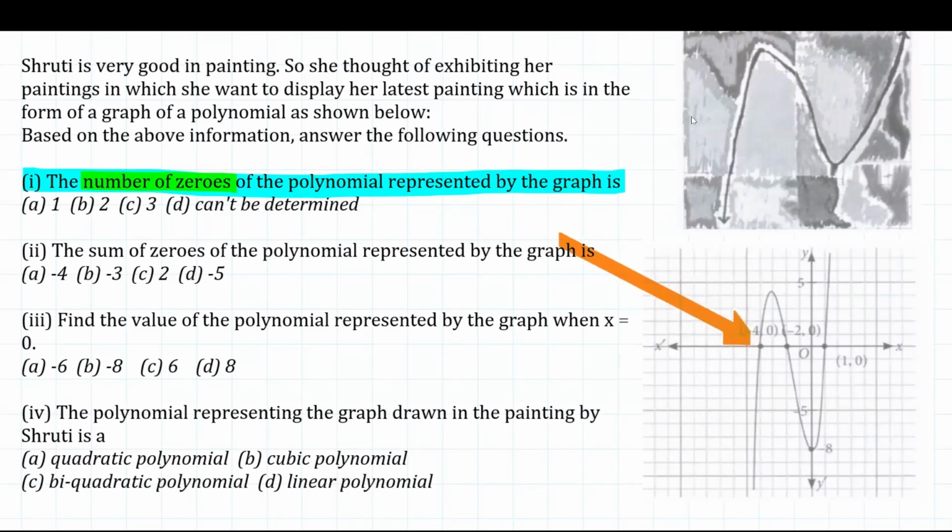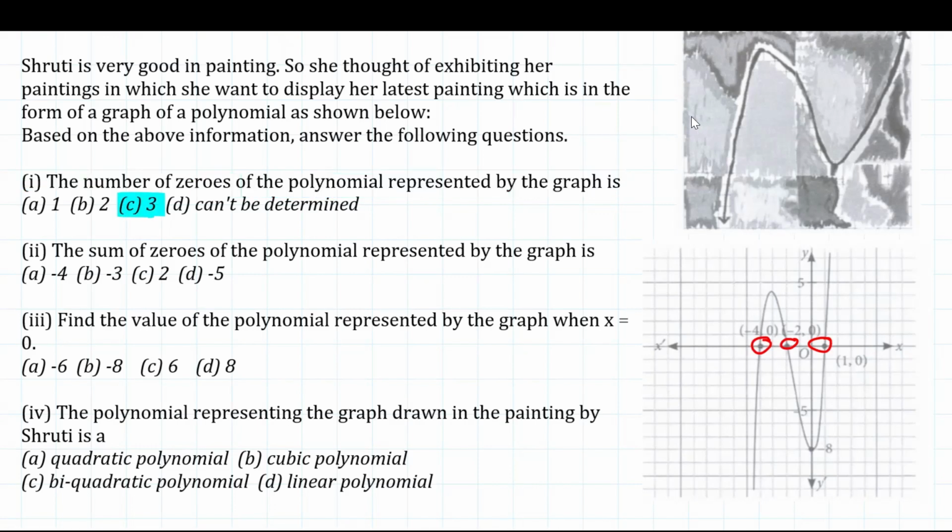So I can see it is 1 over here, second over here, and third over here. So it is 1, 2, and 3. So we'll say it will have 3 zeros. The answer for this first part is 3.